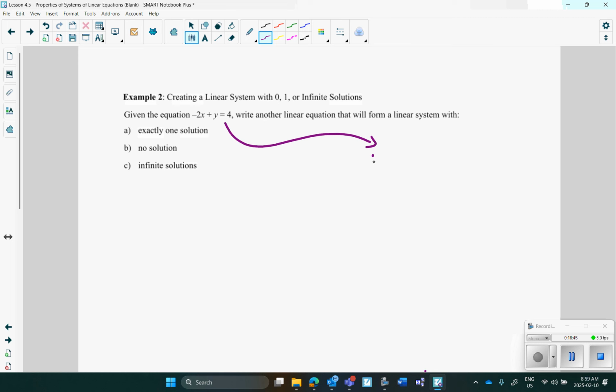Yes, put it into slope-intercept form by adding 2x to both sides. What's the y-intercept of this one? 4. And slope? Yeah, 2 or 2 over 1.